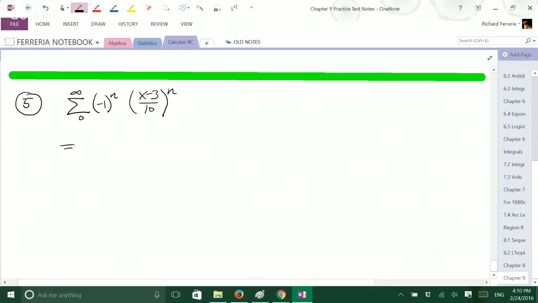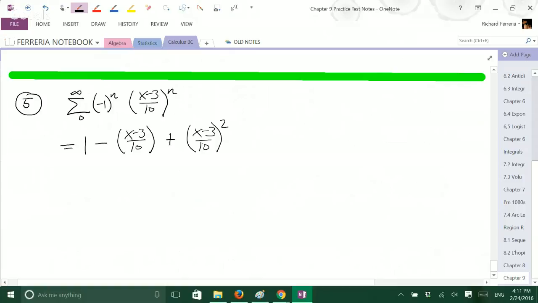When n equals 0, we get 1. When n equals 1, we get minus x minus 3 over 10. When n equals 2, we get positive x minus 3 over 10 squared.